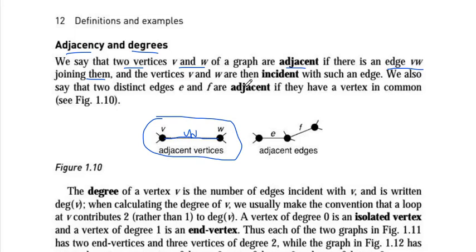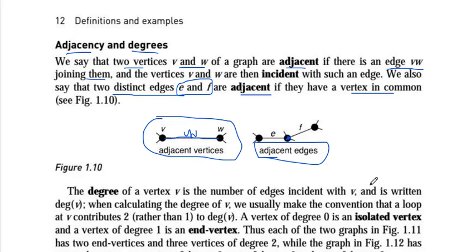And if we want to say adjacent edges, we also say that two distinct edges E and F are adjacent if they have a vertex in common. Like this, if they have a vertex in common, then E and F are called adjacent edges, near edges. Two adjacent vertices are connected with one edge, and adjacent edges are connected with a common vertex.